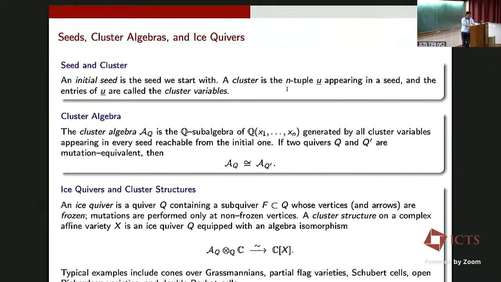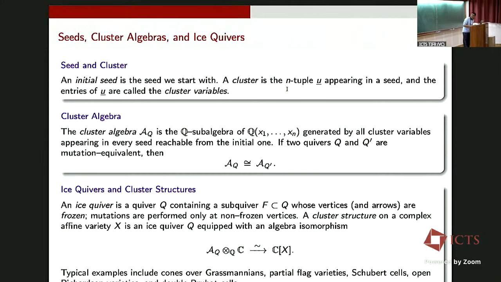An ice quiver is basically a quiver which contains a subquiver which we declare to be frozen vertices, where we don't mutate. A cluster structure on an affine variety is basically giving a quiver and an isomorphism of the cluster algebra tensored with C with the coordinate ring of the variety.